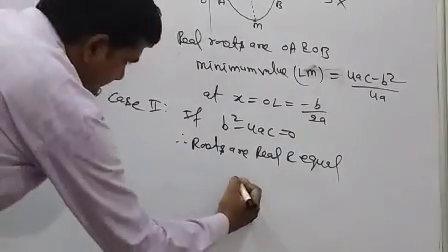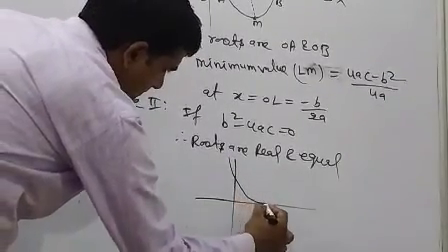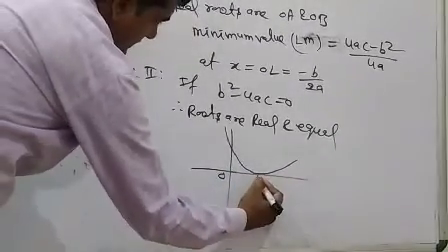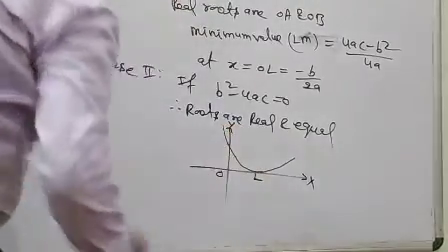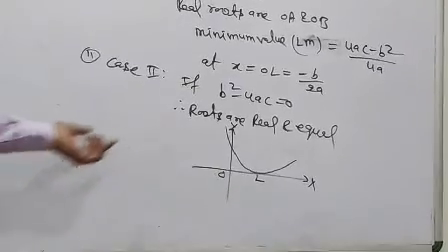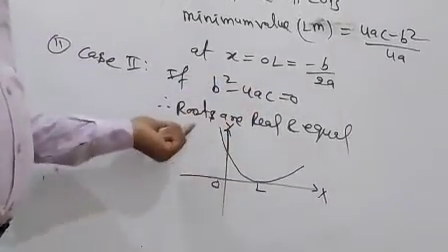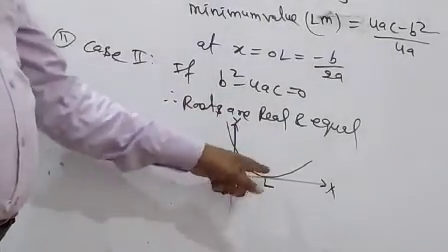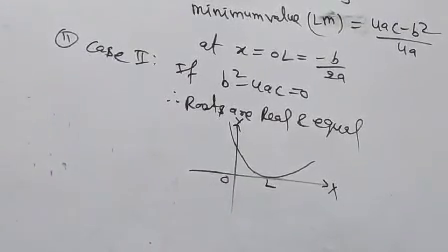In this condition, the diagram is very simple, like this one: here O, and here L, X, and here Y. Any problem? Very simple. It means b square minus 4ac is equal to 0, roots are real and equal, that is OL. L means this vertex touches the x-axis. Very simple. Any doubt? No.